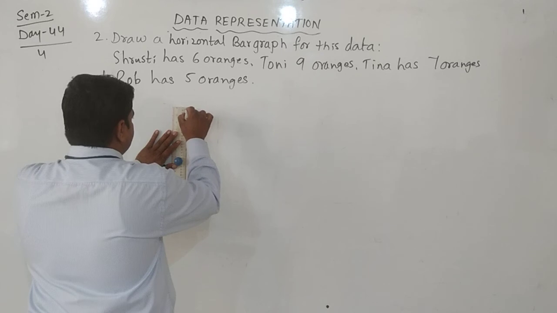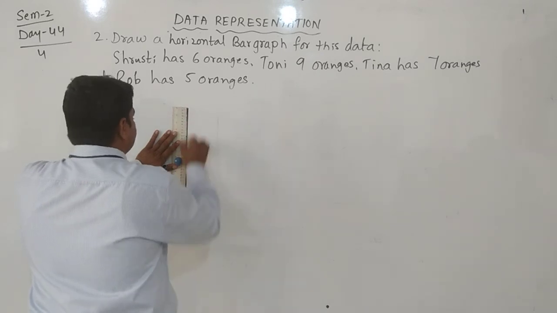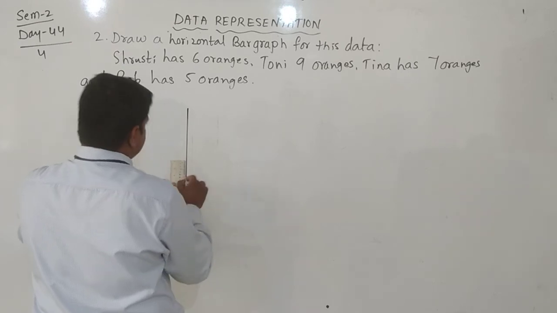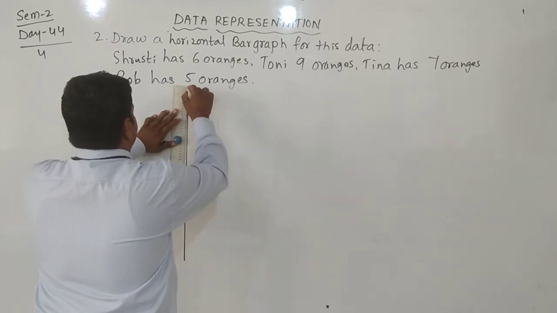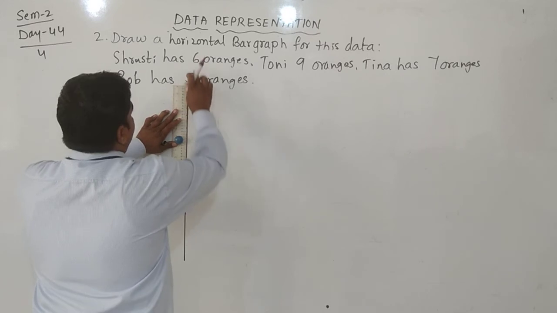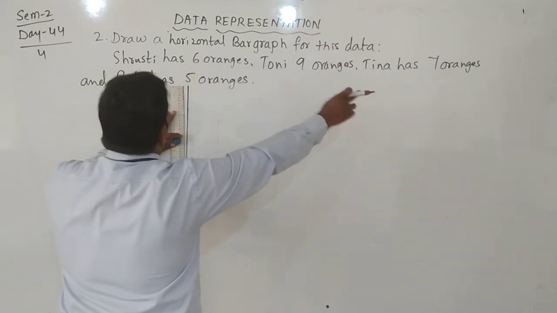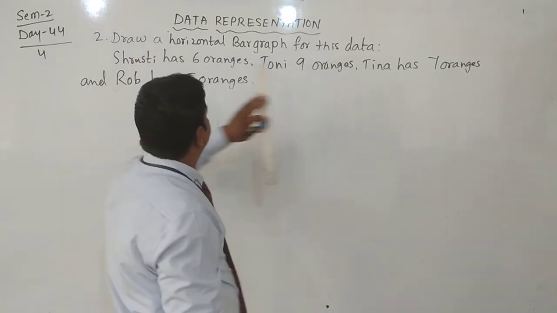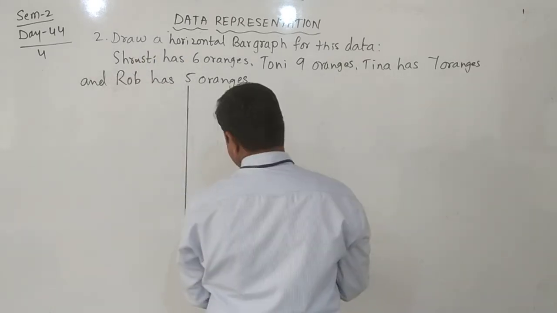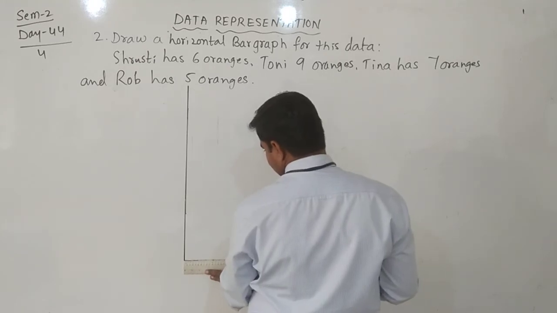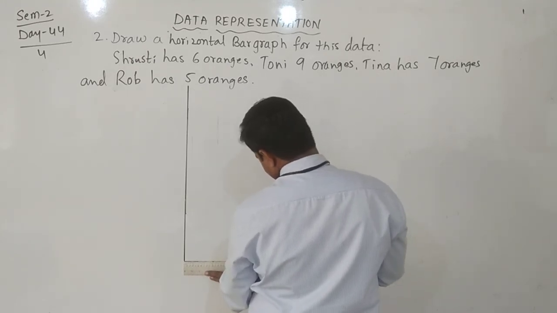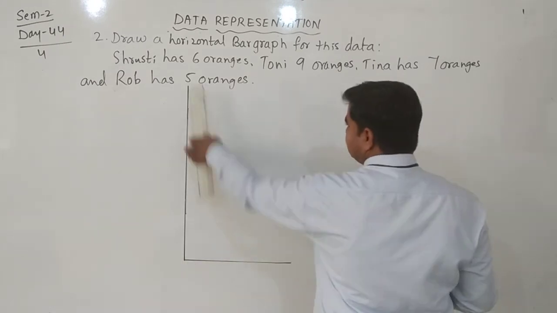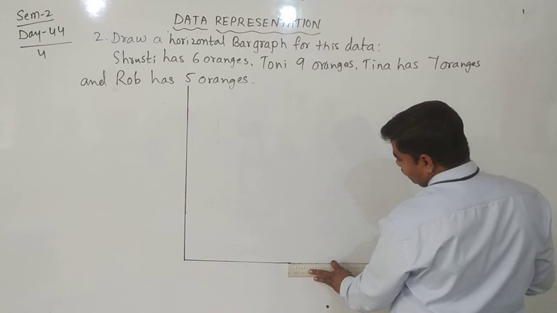Along the vertical line, what can we take? The names of children. How many are there totally? Srushti, Tony, Tina and Rob. 4 are there: 1, 2, 3, 4. Next, along the x-axis we can take the number of oranges. The y-axis is vertical, the x-axis is horizontal.